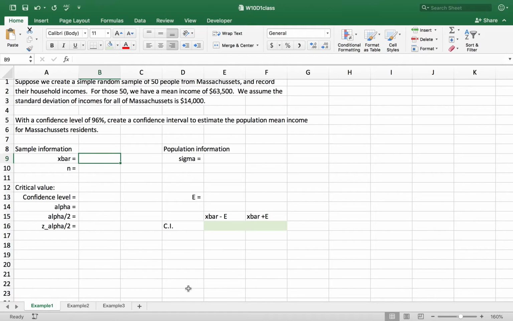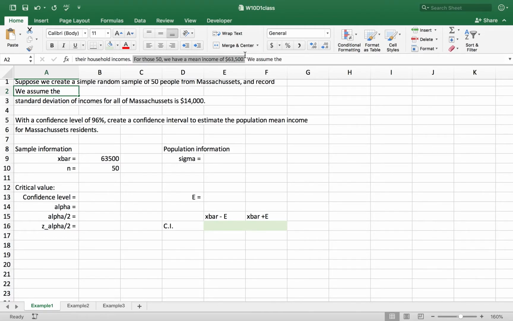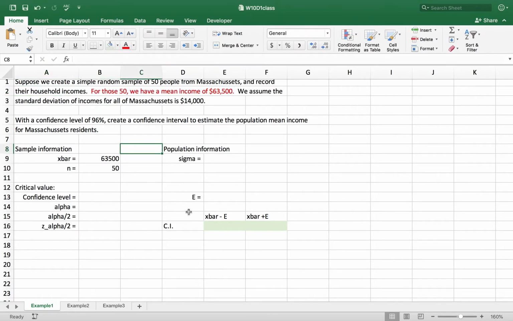So let's start with just the information about the sample. This is only the information provided for our actual sample. So first of all, x bar, which we know is the sample mean, is 63,500. And our sample size is 50. And this comes from reading this particular piece of information.